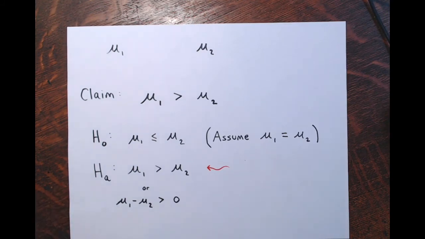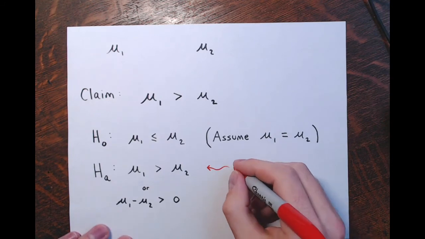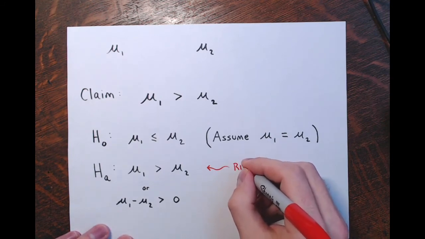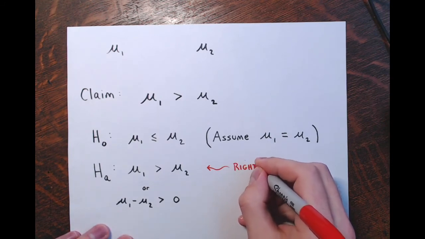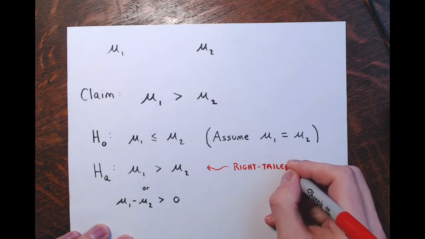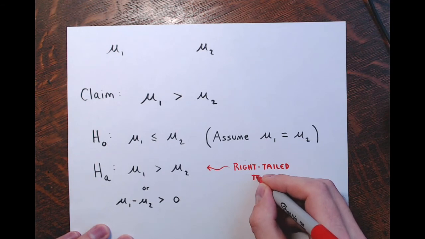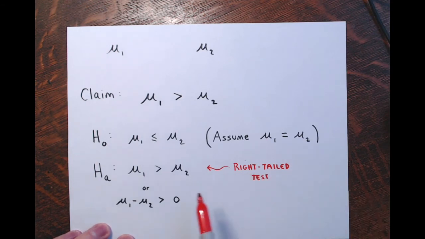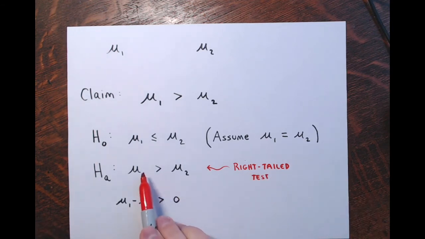If that's the case, then you're running a right-tailed test. I think I had a left-tailed test in the first video on this objective. And just remember that if my alternative hypothesis was that mu1 was not equal to mu2, then it would be a two-tailed test.